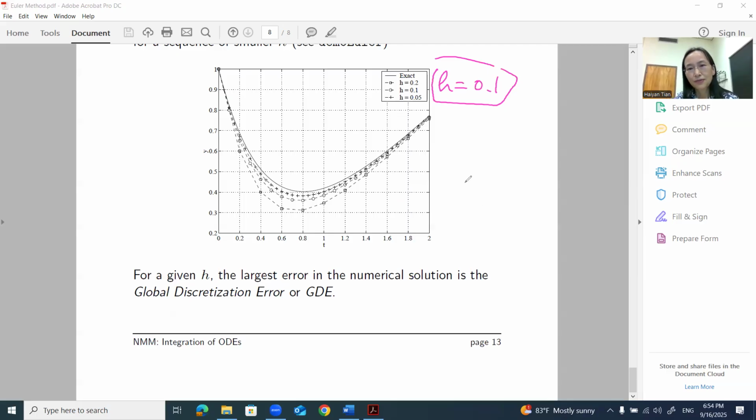And for even smaller, when h is 0.05, then you will need 40 steps. So to get a better approximation to the solution, we can do more work using a smaller step size and get a better approximate solution.